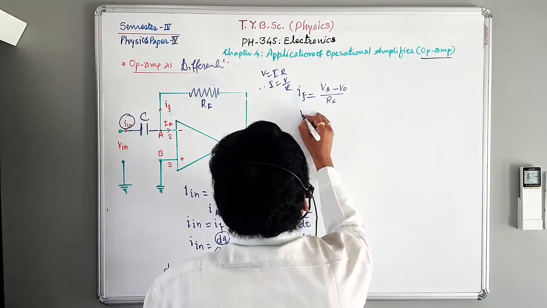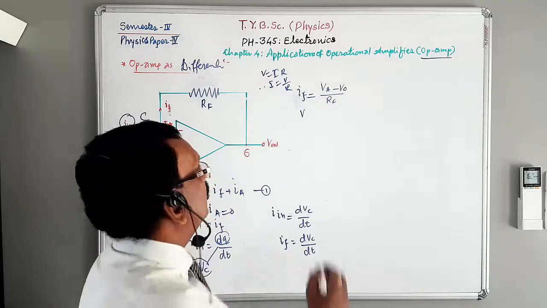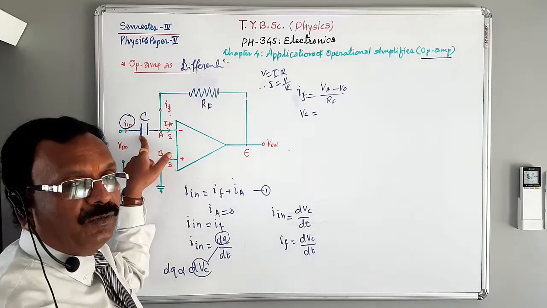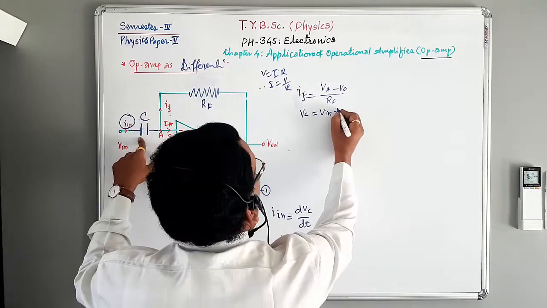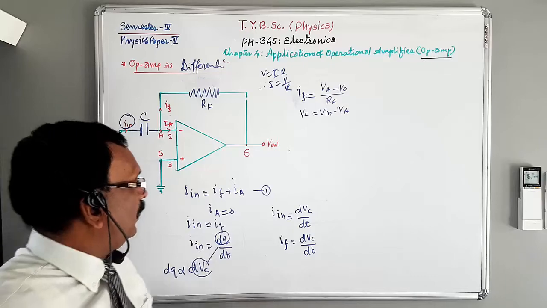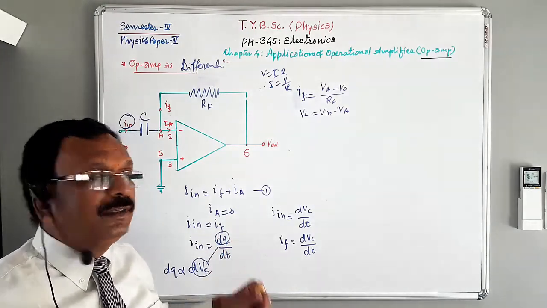Also, voltage across capacitor Vc is equal to voltage Vin minus voltage at VA. Okay. For our simplicity, we are giving the numbers.